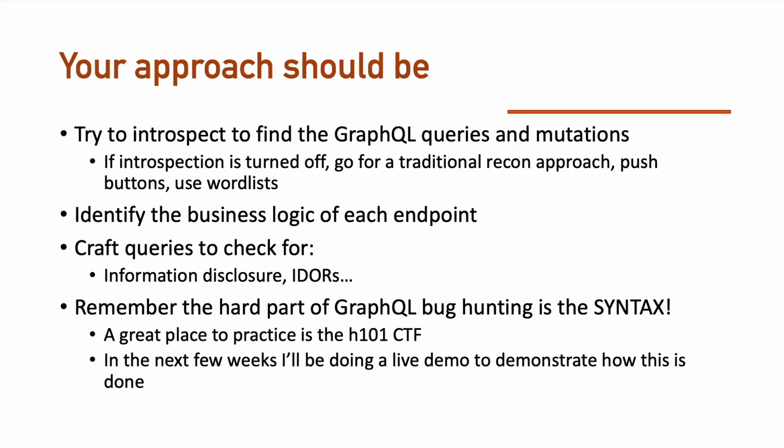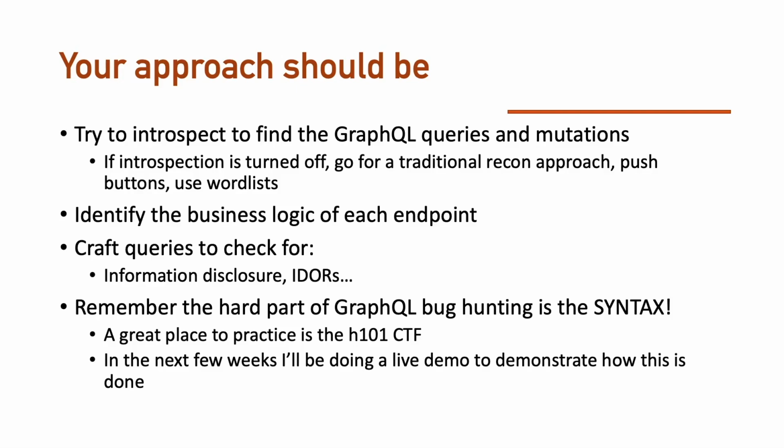So really, what I want to share is what your approach should be. Step one is to try and introspect to see what queries are there and what mutations are there. If you can't do that, go for a traditional recon approach: push buttons, use word lists.